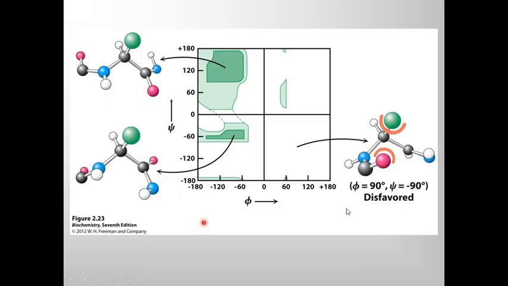This slide gives you an example as to how you can look at the Ramachandran plot for a specific amino acid residue and predict which conformations are allowed and not allowed. Now, this is an alanine residue in a polypeptide. The polypeptide continues here and continues here.